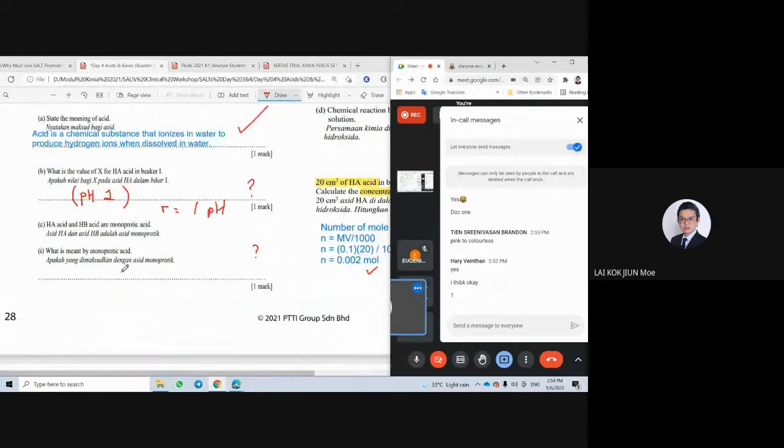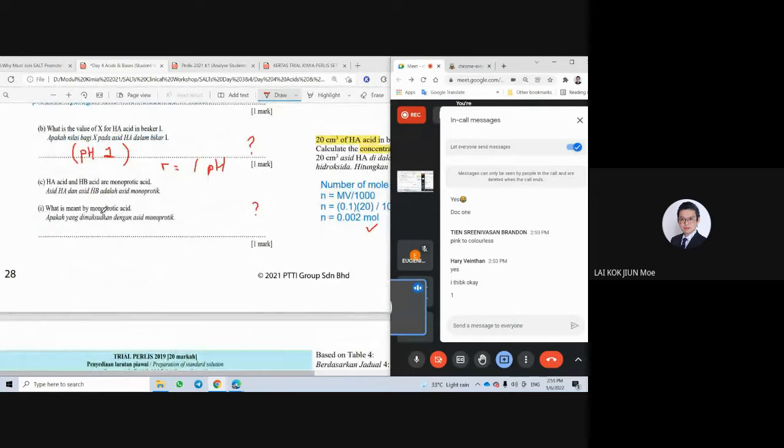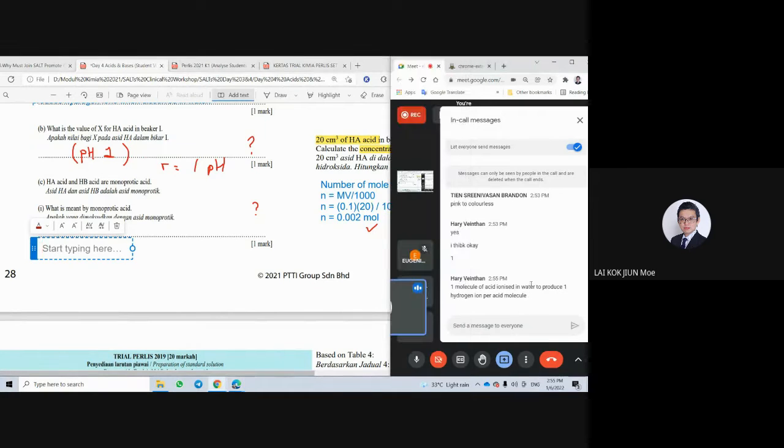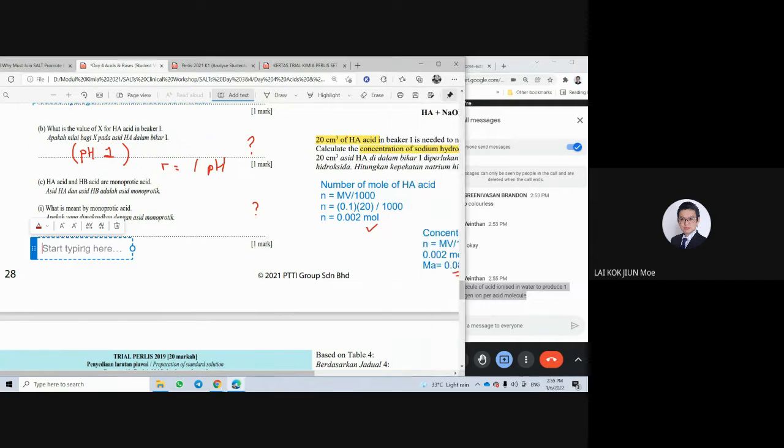Heavy, what is meant by monoprotic? Very good. Perfect marks. The keyword you must have: we don't use one molecule, we use one mole. Everything we use one mole.